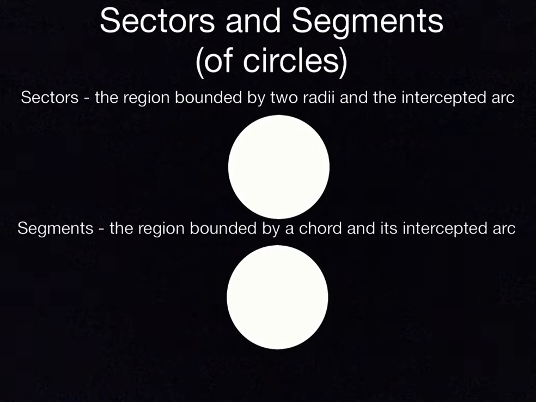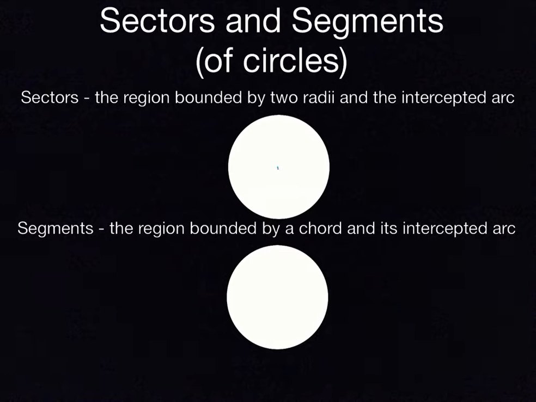Let's start by taking a look at the definition of both of these words, and then looking at a visual of the definition. So the first one, a sector, is the region bounded by two radii and the intercepted arc. It would look like this if I can draw it a little bit here.